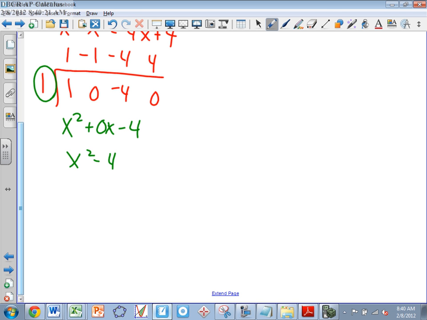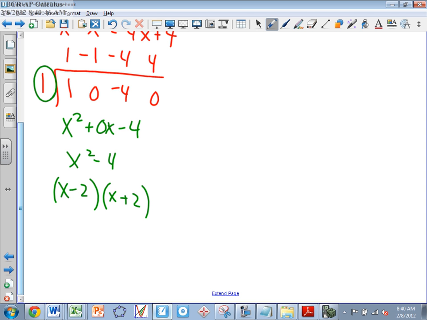x plus 2, x minus 2, right? Right. What did we call this? Because the middle terms would cancel when you FOIL it out. Difference of perfect squares. Remember that? Difference of 2 squares or difference of perfect squares.